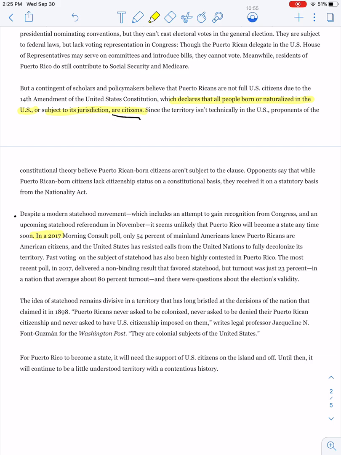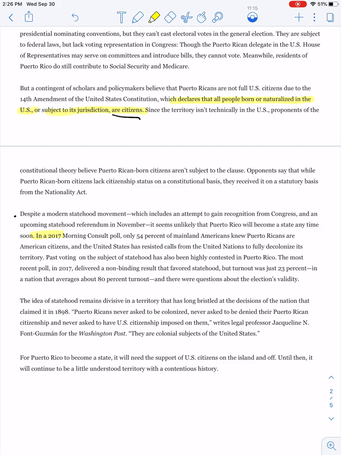Past voting on the subject of statehood has also been highly contested in Puerto Rico. The most recent poll in 2017 delivered a non-binding result that favored statehood, but turnout was just 23%, in a nation that averages about 80% turnout, and there were questions about the election's validity.